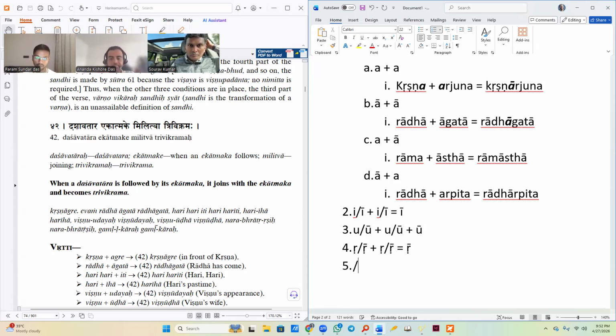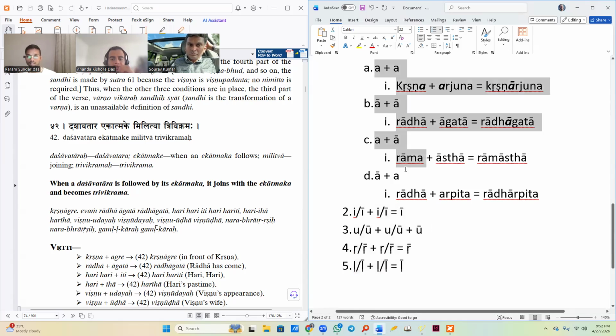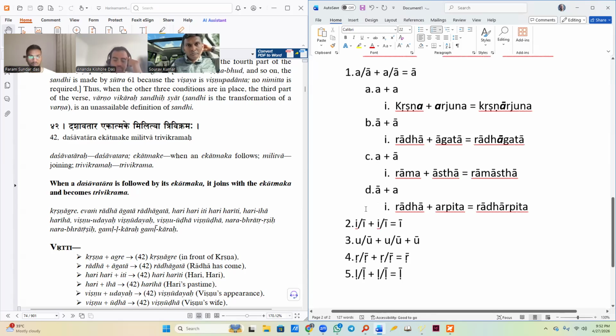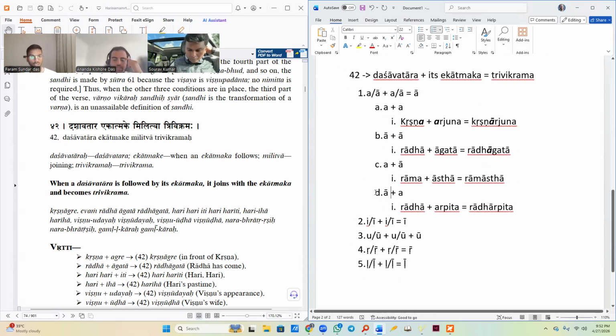And in each of them there will be four possibilities like this: short, long, long, short, short, short, long, long. So that is the first rule, the Dashavatara Ekatmake, Militva, Trivikrama.